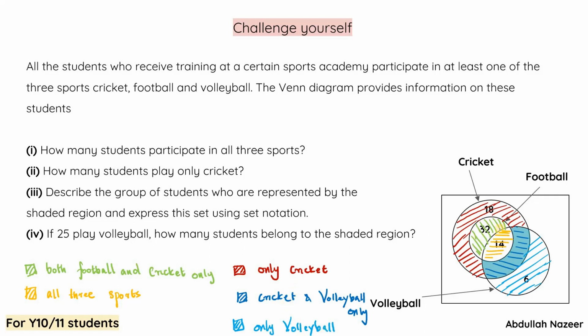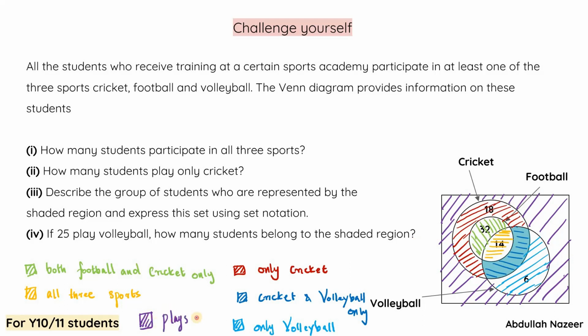Alright, now finally we have the outside region. Let me shade that. We clearly know whoever the students who fall into this region do not play cricket, football or volleyball. They don't play any of the 3 sports. So this purple region plays none of the 3 sports.